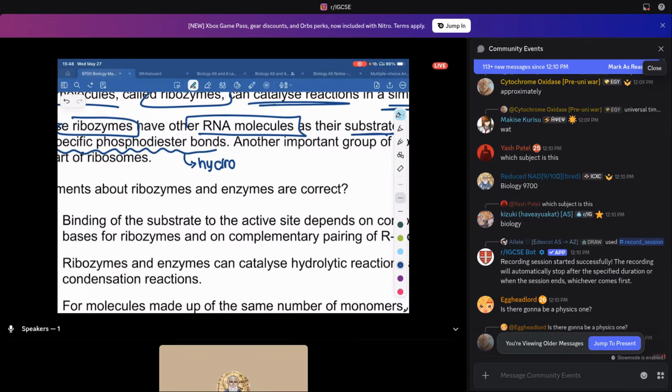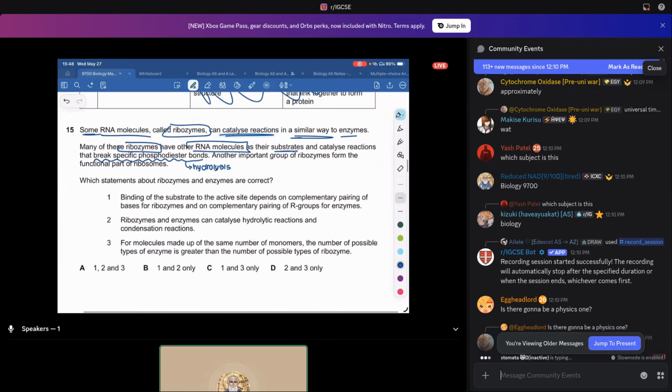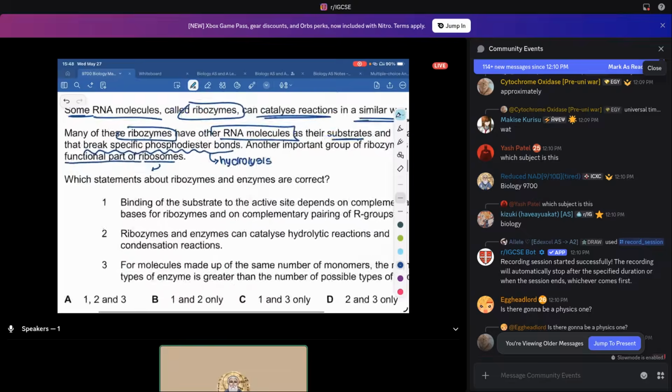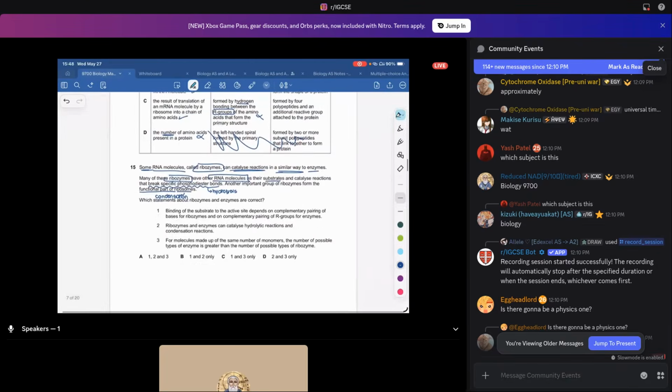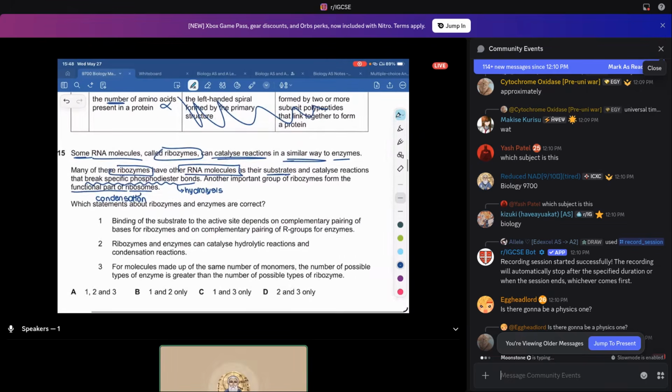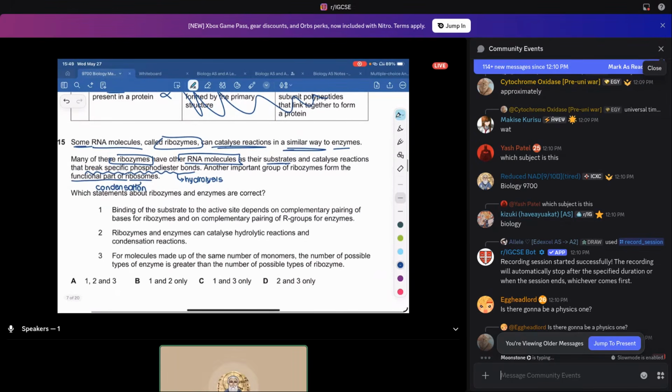That's hydrolysis. Another important group of ribozymes form the functional part of ribosomes. The functional part of ribosomes are the ones that form peptide bonds. So that's condensation. And they catalyze in a similar way to enzymes.